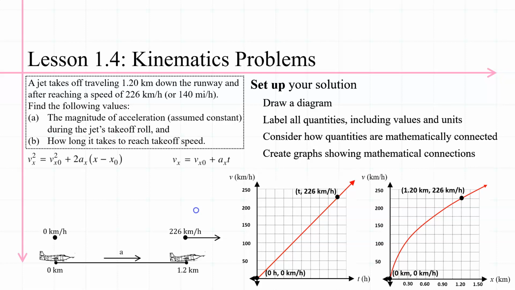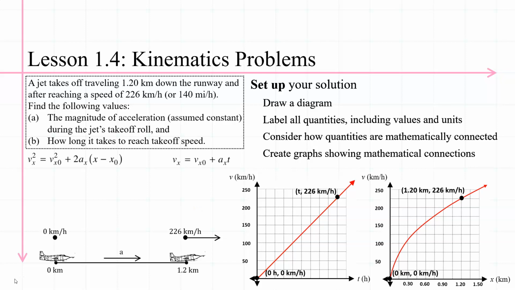We have 4 different values that we know that we can plug into an equation. If you look at the equation on the left, we know 4 of those 5 values. There's only one value that's unknown, and that's acceleration. This is what you're looking for when you're solving these problems: a technique that gives you the things you need to know, except for one unknown that you need to solve for.